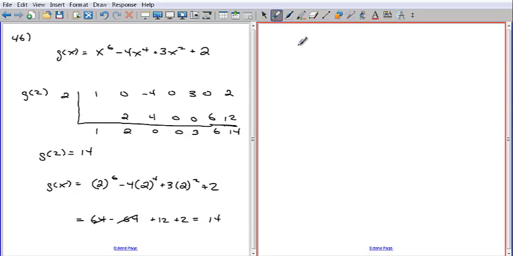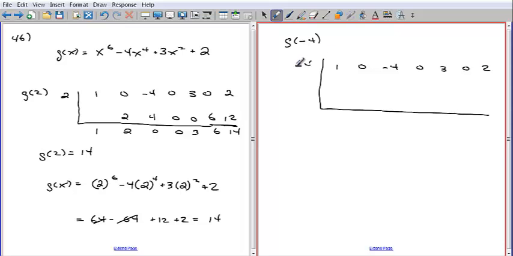Negative 4. So what is g of negative 4? So we have 1, 0, negative 4, 0, 3, 0, 2, negative 4. Bring 1 down. Negative 4 times 1 is negative 4. Add these together, you get negative 4.